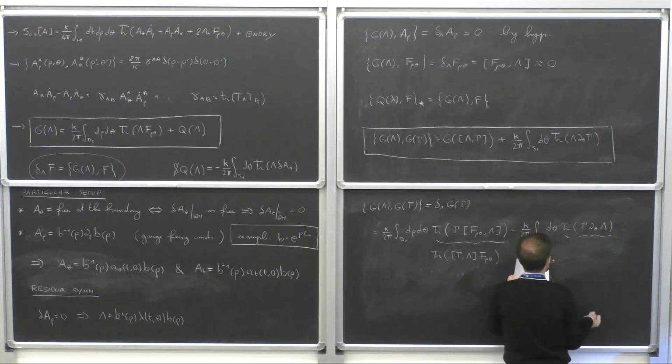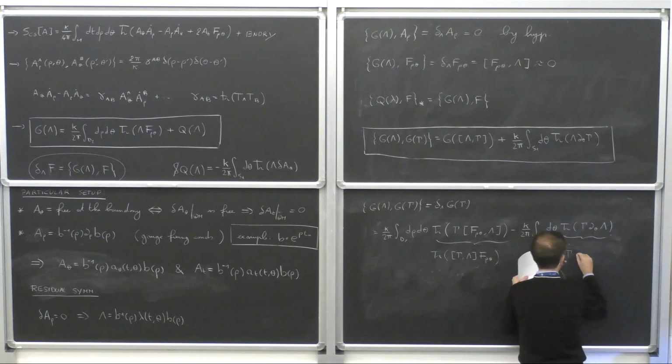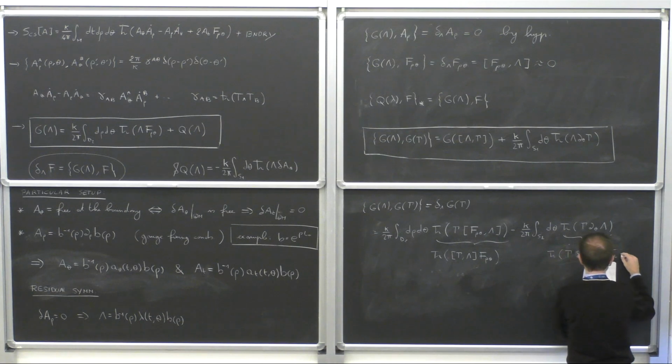Essentially, this stuff here I want to rewrite as being equal to the trace of gamma delta of a theta, so the trace of a theta lambda.